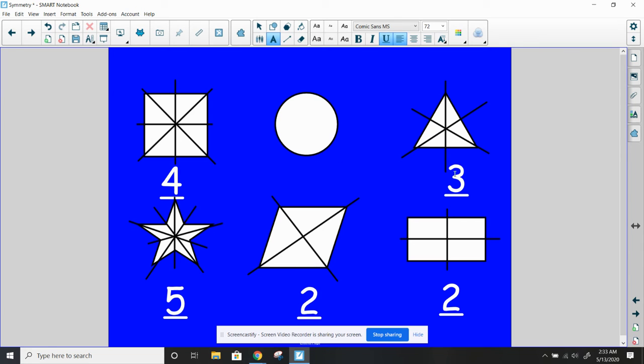Right? Now I saved the circle for last because a circle, I can draw a line here, and I can draw a line here, and I can draw a line here, and I can draw a line here. So now we're at 4.